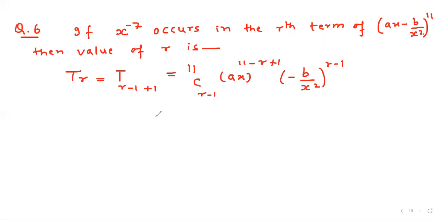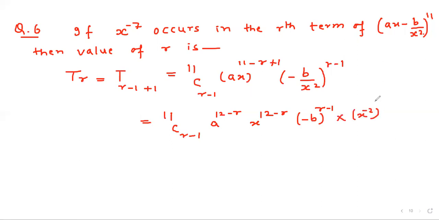Now we further simplify. So 11C(r minus 1) a power 12 minus r x power 12 minus r, times (minus b) power r minus 1 times x power (minus 2) power r minus 1, which gives 11C(r minus 1) a power 12 minus r (minus b) power r minus 1 x power 12 minus r minus 2r plus 2.